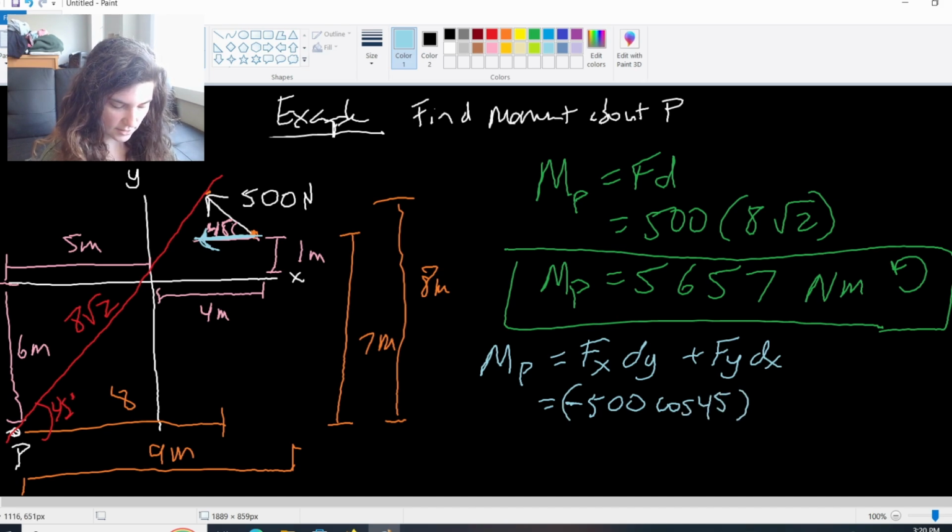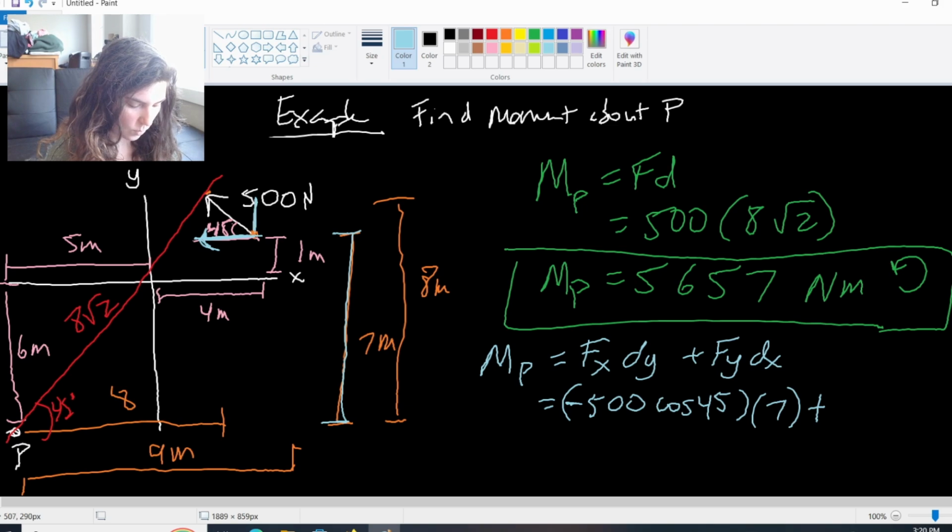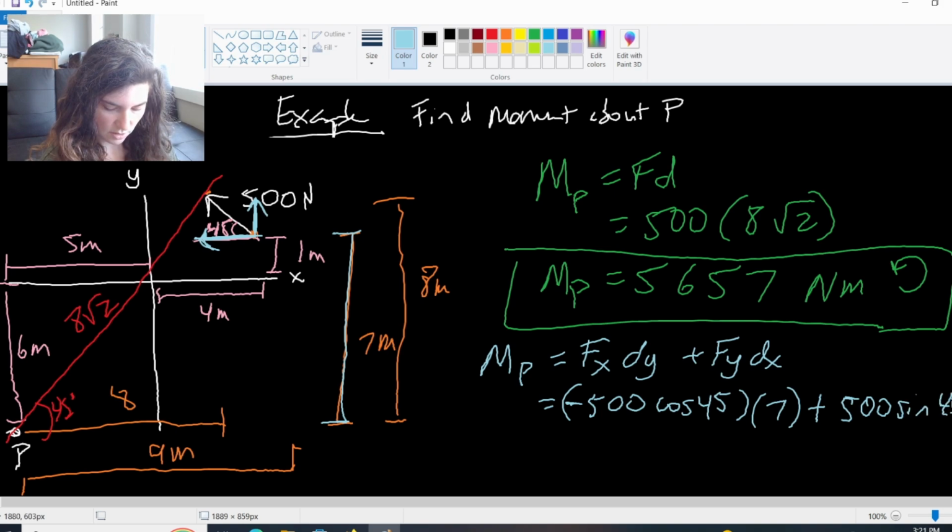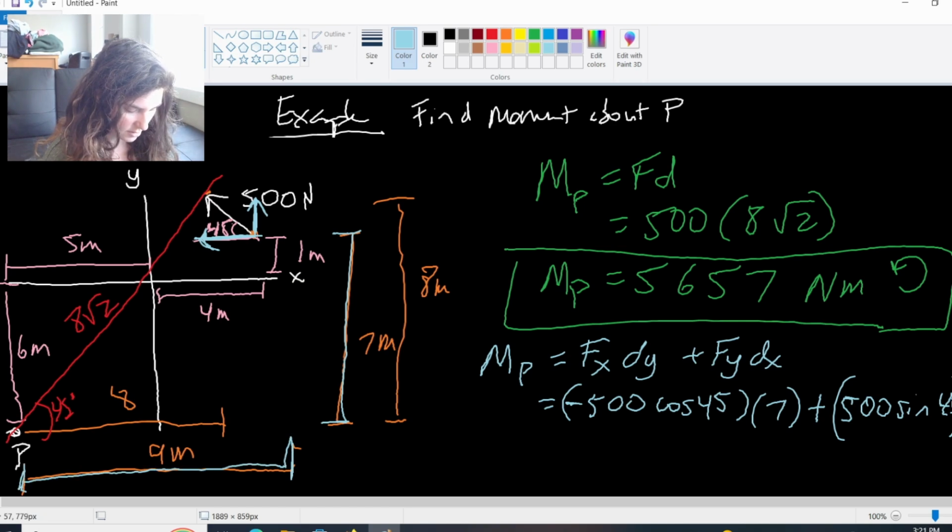That's our Fx. The dy is our y distance here, which we said was 7 meters, plus Fy, the y component of our force, which is 500 sine 45, multiplied by the x distance, which we found at the beginning was this 9 meters.